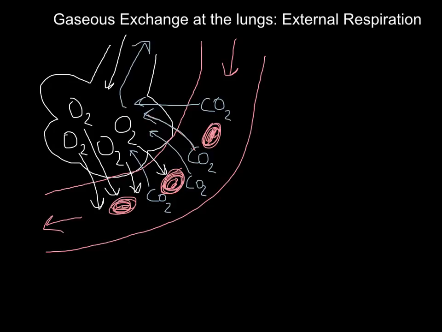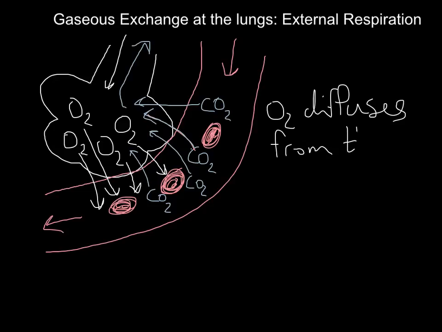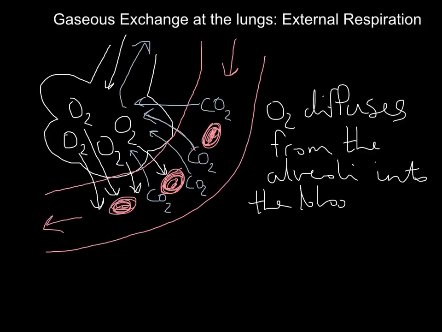Okay? So quickly, O2 diffuses from the alveoli into the blood, and as you remember from your vascular stuff, 97 to 98% of that oxygen will combine with hemoglobin, 2 to 3% of it will dissolve in the plasma.